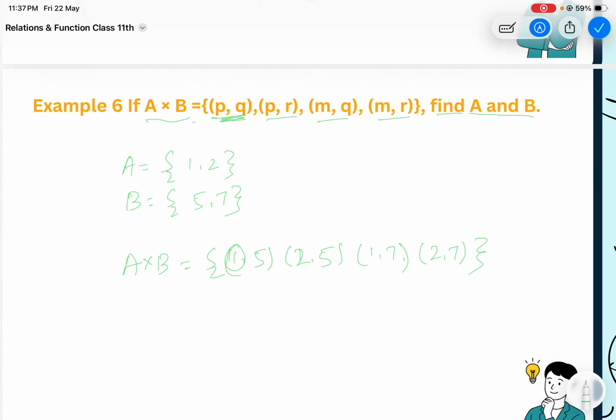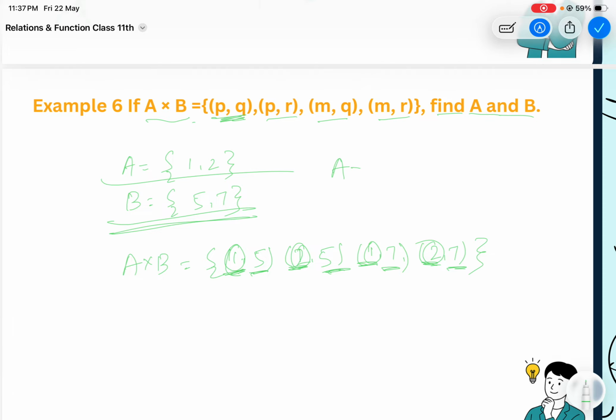There is something to observe here: the first element of all 4 pairs belongs to A. The first element of all ordered pairs belongs to A, and the second element of the ordered pairs belongs to the second set.